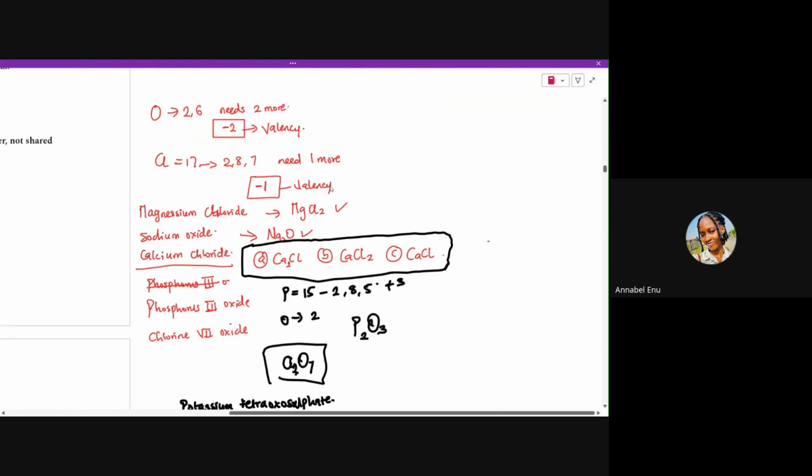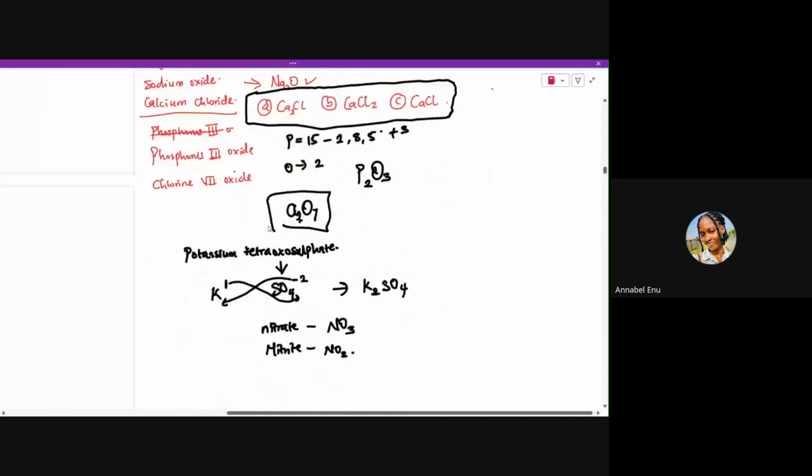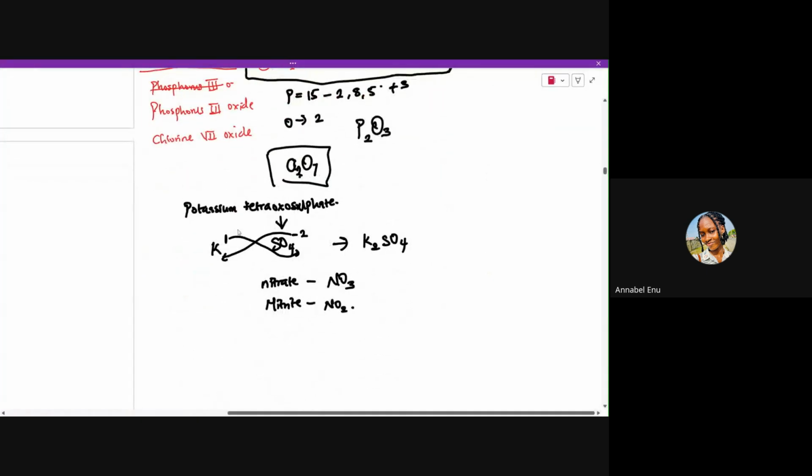When I explained valency, oxygen for example, you understand that oxygen's valency is 2 and chlorine's valency is 1. So this last one I did, is that the one you're confused about? The potassium tetraoxosulfate. Yes.